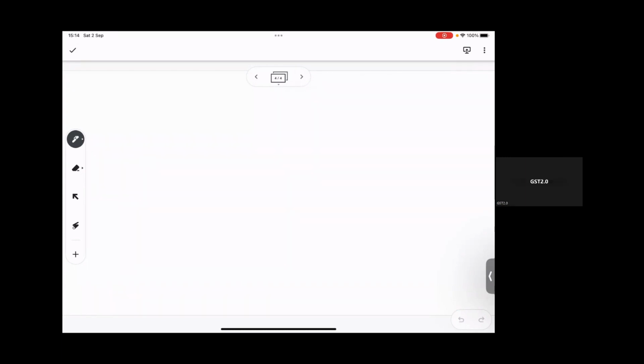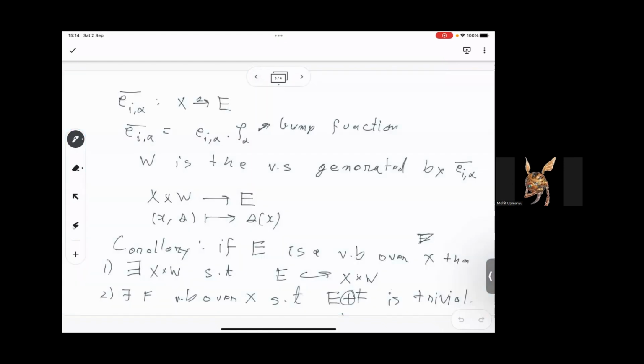Yeah, so Pawan is asking, can you say something about the rank of W? So the way we have constructed this, it is very big, but one obvious dimension that we are getting is the number of U alphas, which is a finite cover, right, times the rank of E. So that's clearly a number that we are getting.